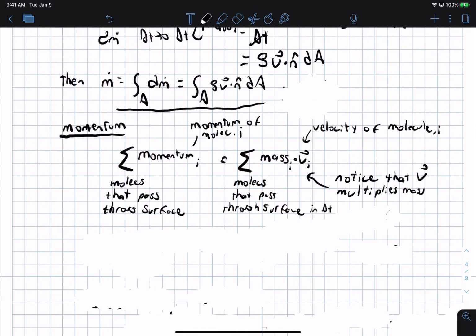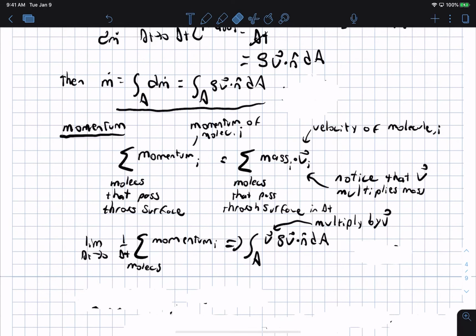Okay? So then this implies that if we are to find the flow of momentum, we do the same thing. We take the limit as delta t approaches 0 of 1 over delta t times the total momentum of the molecules that pass through our fictitious surface in time delta t.